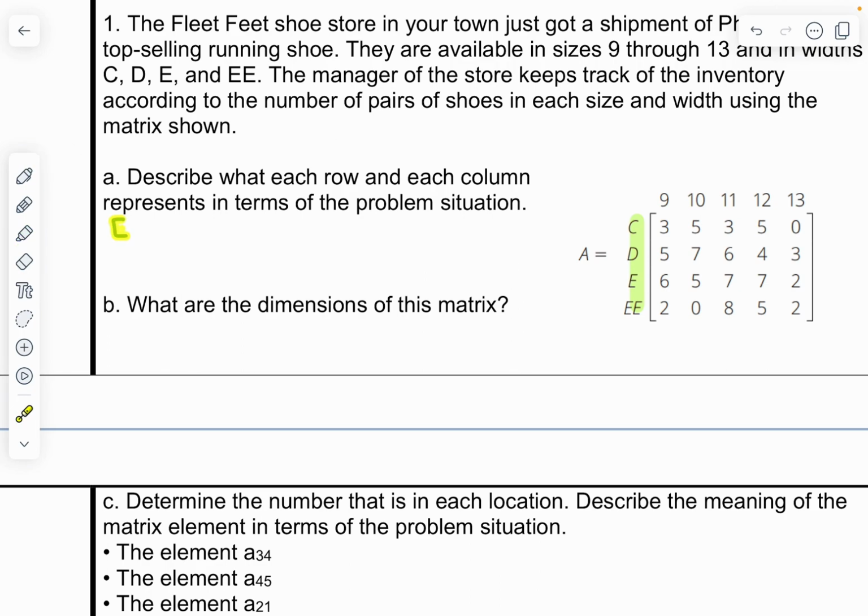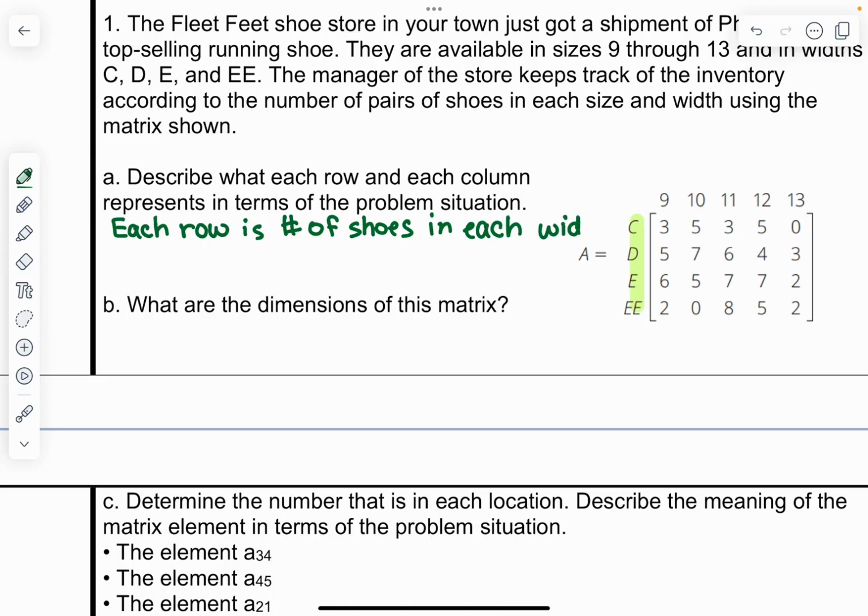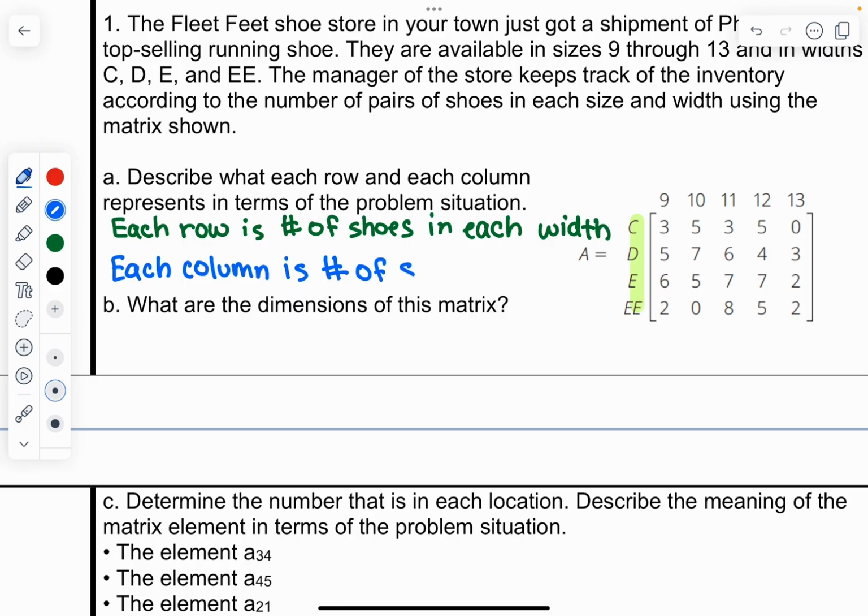Each row is the number of shoes in each width. Then what do our columns represent? Each column is the number of shoes in each size.